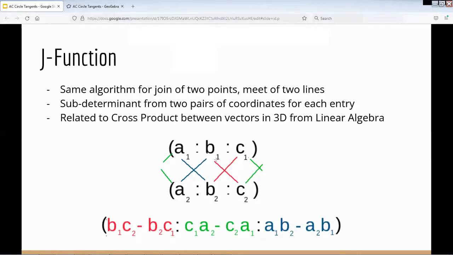In red, you can see we have the first term, and it's produced by taking the second term of one times the third term of the other and subtracting the third term of the first one times the second term of the other.